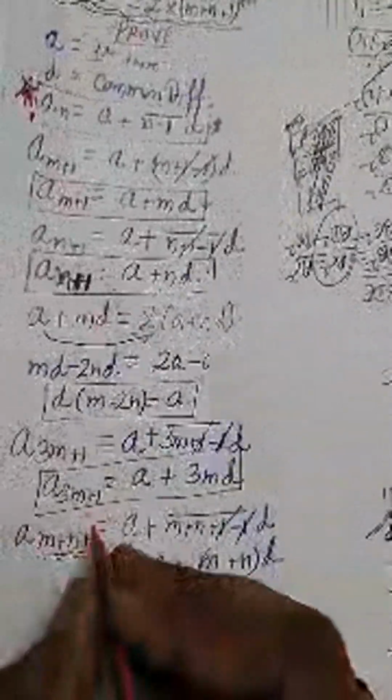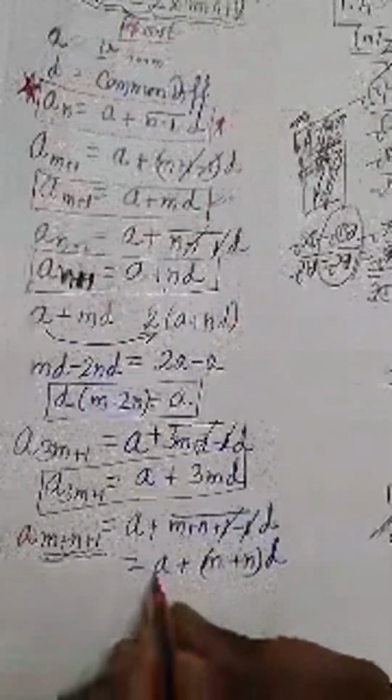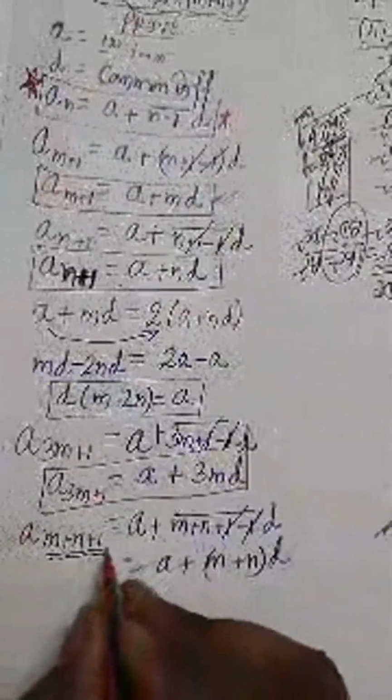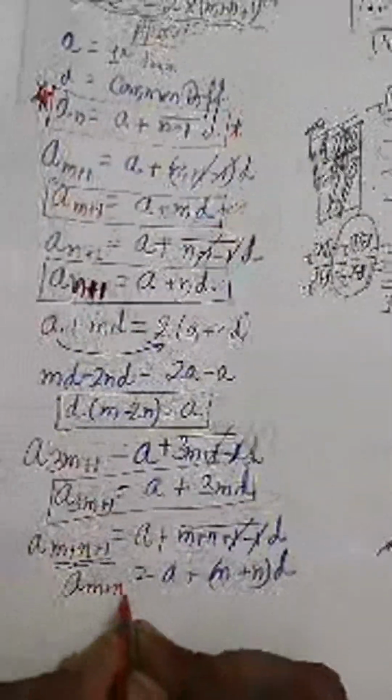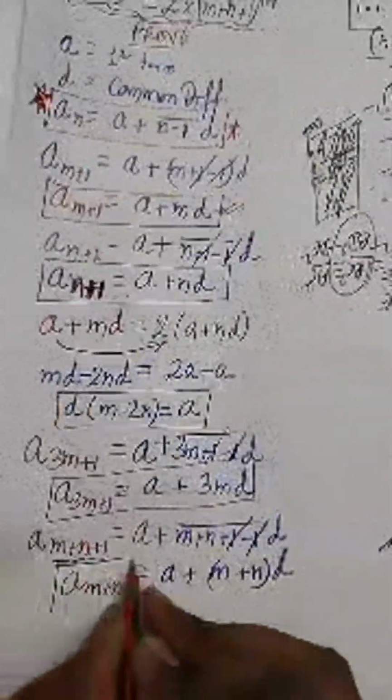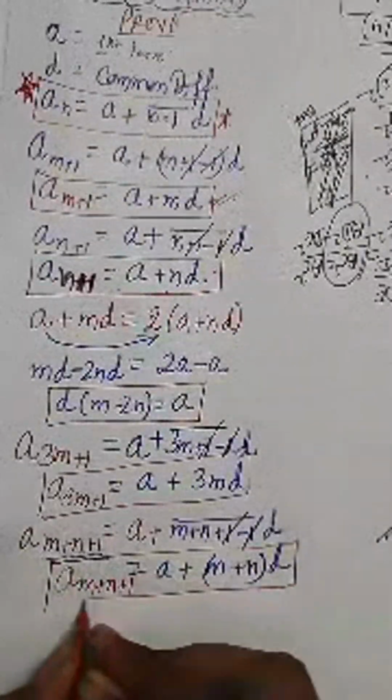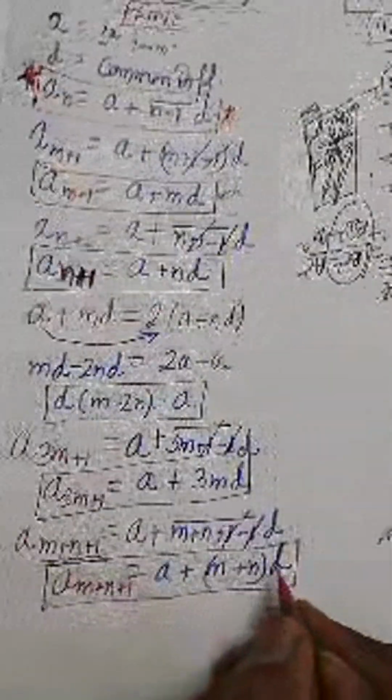This will give you a plus m plus n into d. This is the value of the 3m plus 1th term, and this is the value of the m plus n plus 1th term, which is a plus m plus n into d.